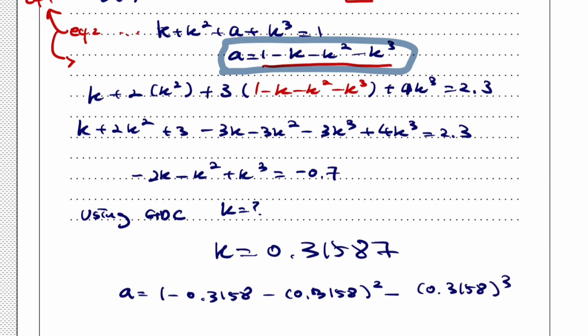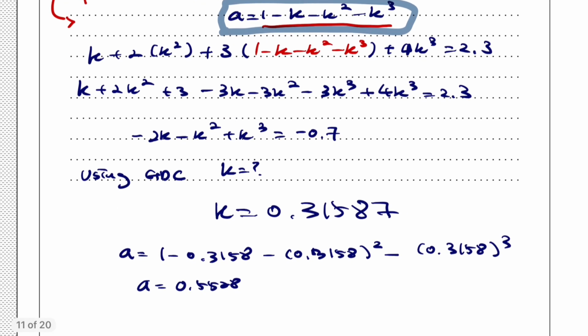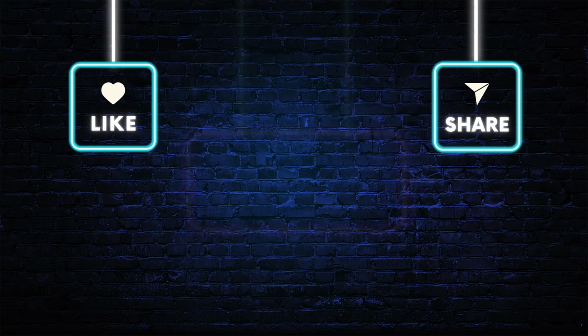Then you get the a value equal to 0.5528. Since we have to present our answer to three significant figures, our a value is equal to 0.553.